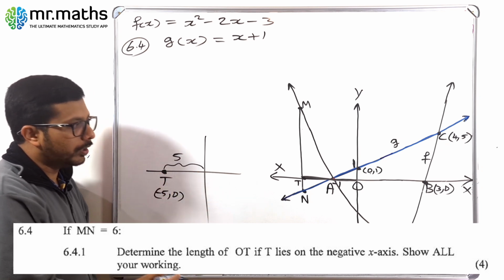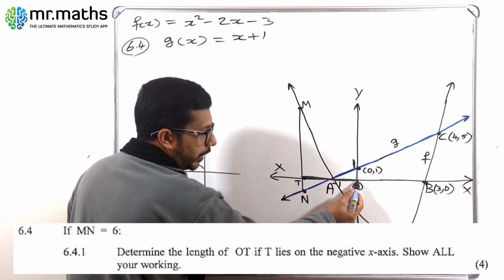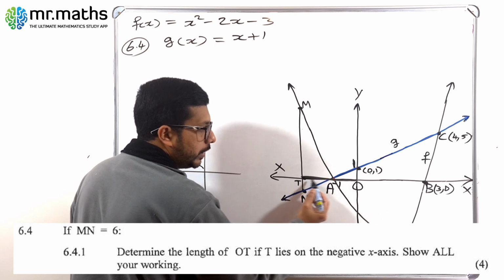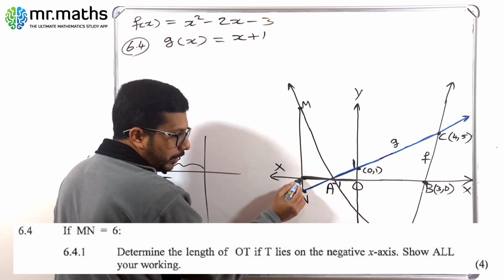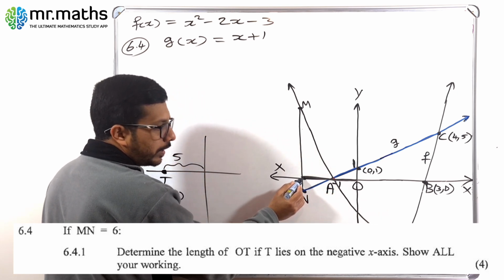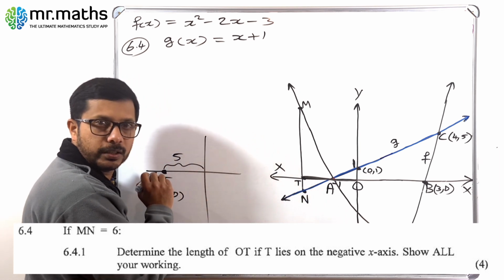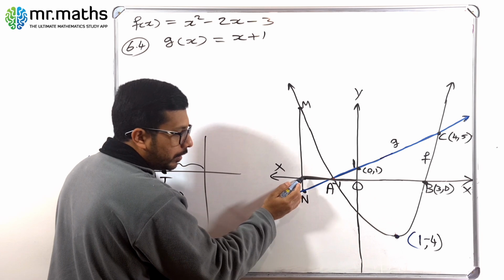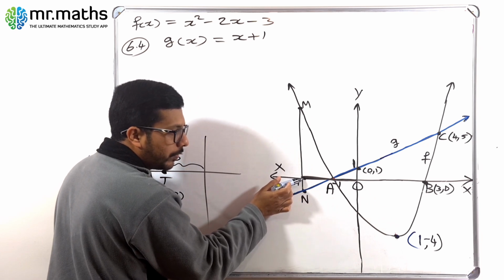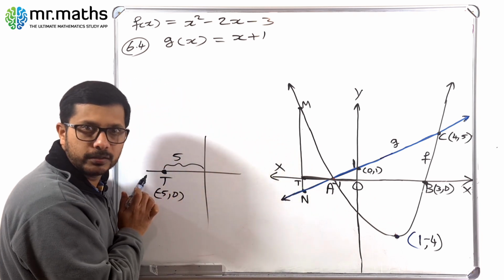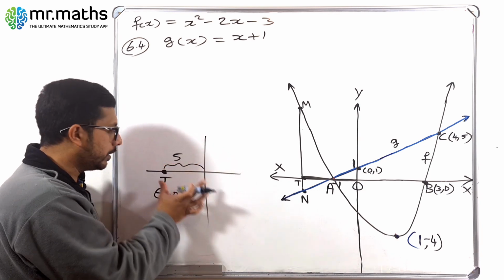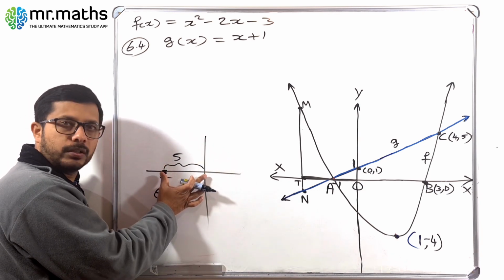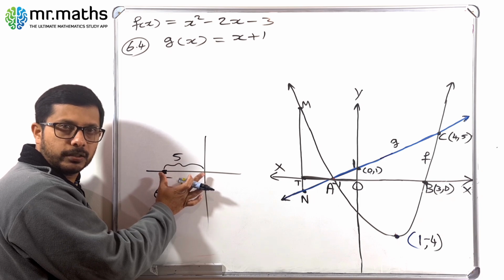So if you want to find the length of OT, it is enough to find the x value of this point T. Here the x value is minus 5, so the length is 5 units. You understand?